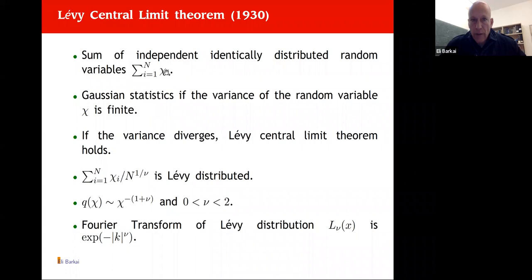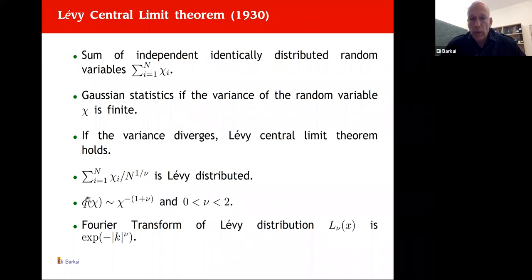Usually the variance of this IID random variable is finite, and then in the correct scaling limit, you get the usual Gaussian statistics. But if the variance diverges, the Levy central limit theorem holds, and when you rescale the sum with n to the power 1 over nu, we get the Levy stable distribution. This nu is, of course, related to the fractional exponent.